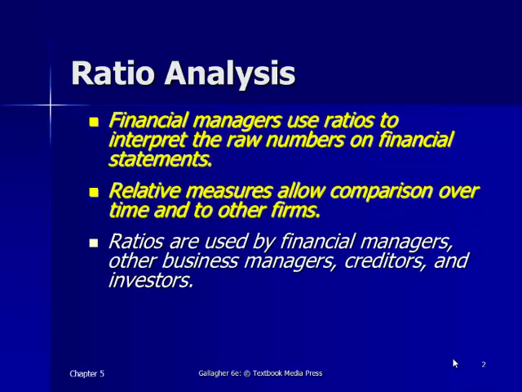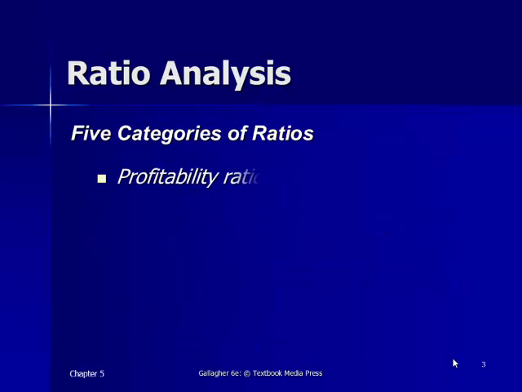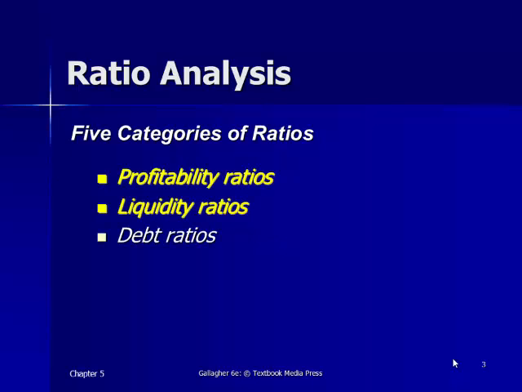And we're going to look at these numbers from the perspective of financial managers, other business managers, creditors, and investors. So we have different categories. We're going to be interested in the profitability of the firm, its liquidity, which means how much cash it has and its ability to raise cash on short notice, how much debt it has, whether it has too much debt, and surprisingly enough, perhaps the question, does it have too little debt?